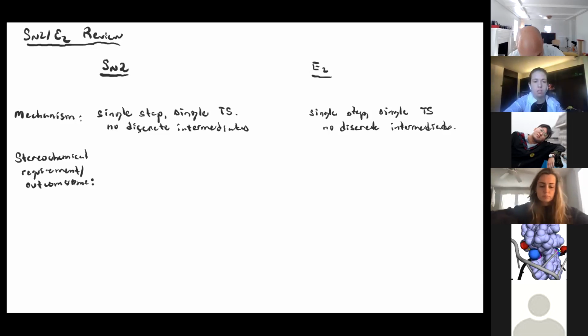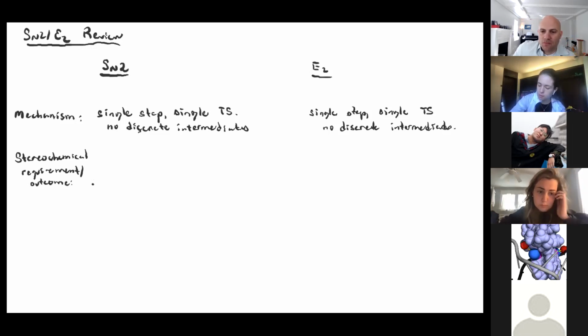SN2 is going to be inversion of stereocenters? Yeah. Is that what you're looking for? Okay. Right. So SN2, inversion of stereochemistry, right? And we said backside attack. That's how you get the inversion, right?